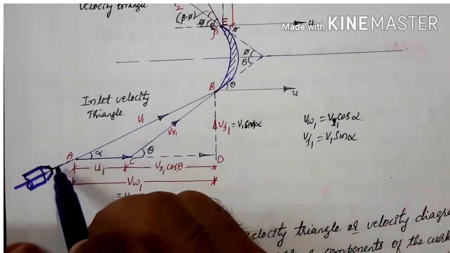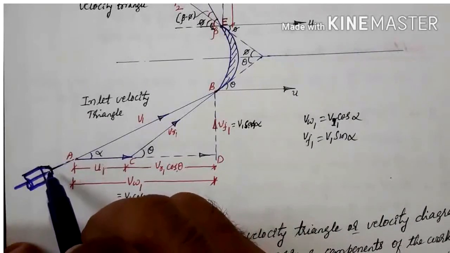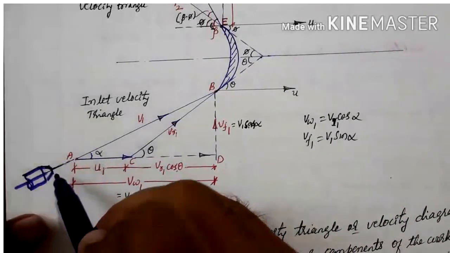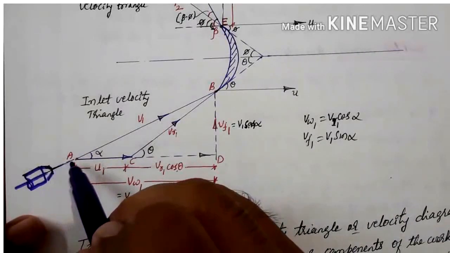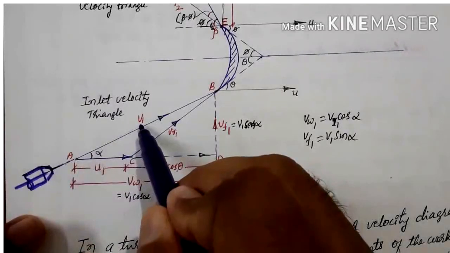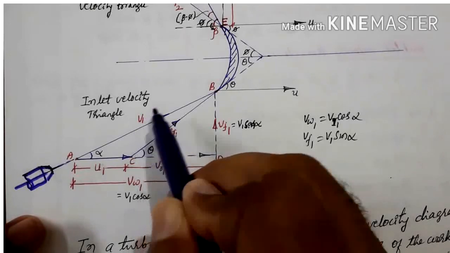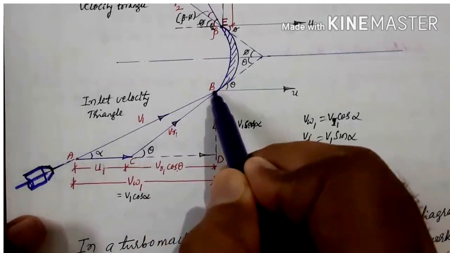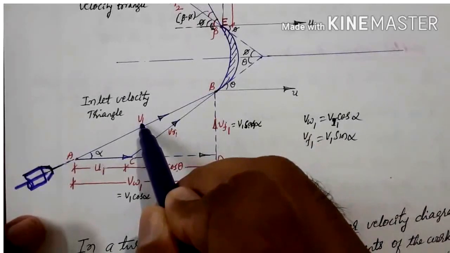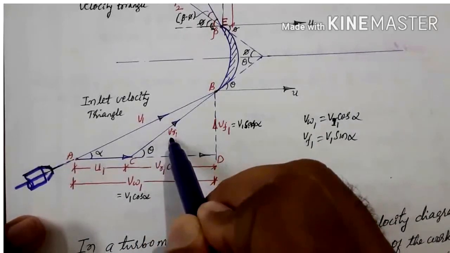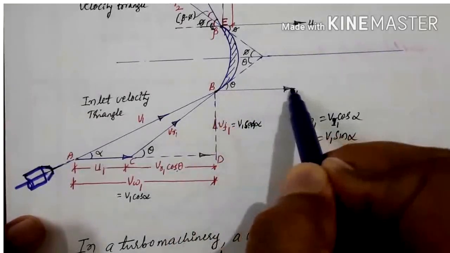From the nozzle the jet is coming out with a velocity v1. This is called the absolute velocity, but the jet is not striking the vane with this velocity. It will strike with a velocity called VR1, the relative velocity, because the vane is also moving.